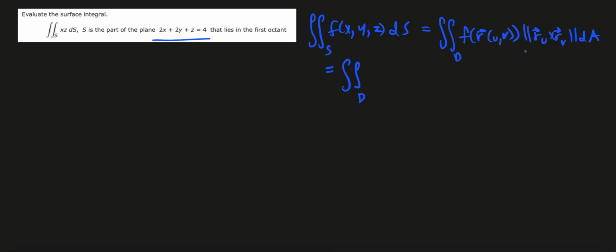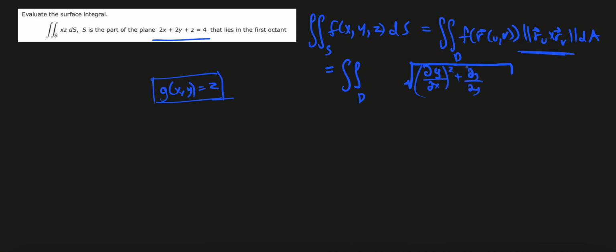We don't have this thing anymore, but instead of it, we replace it with the square root of the partial derivative of g, where g is equal to z, which is the form we will have our surface in. So partial of g with respect to x, squared, plus partial g with respect to y, squared, plus 1, and this is going to be dA.